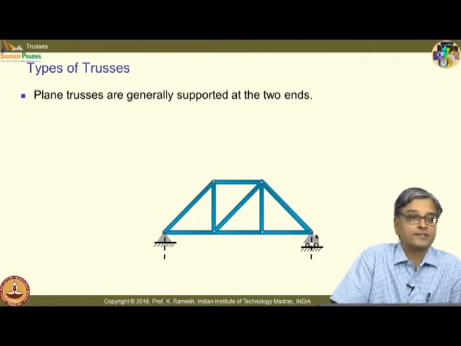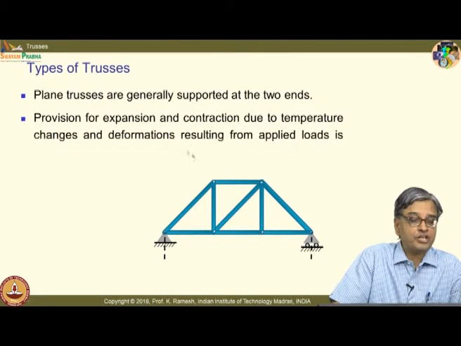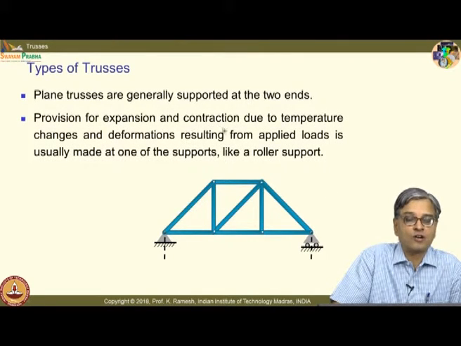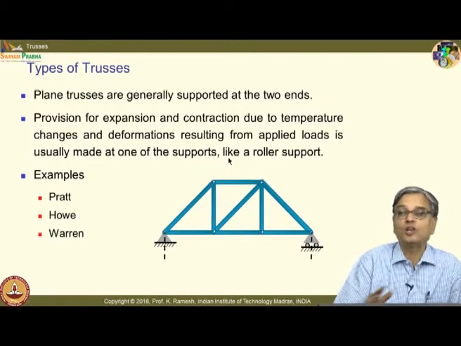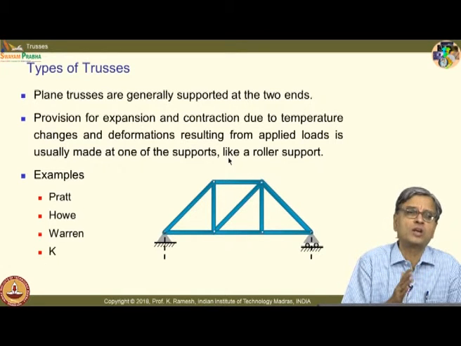This is a roller support. It is very, very important. Provision for expansion and contraction due to temperature changes and deformation resulting from applied loads is usually made at one of the supports, like a roller support. It is very, very important in all of these constructions.